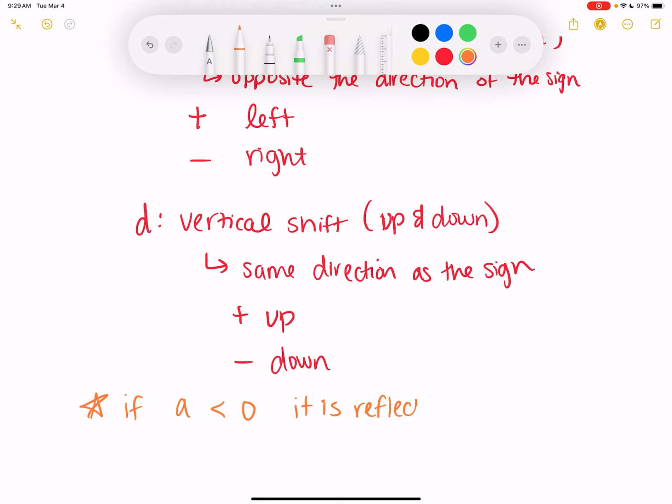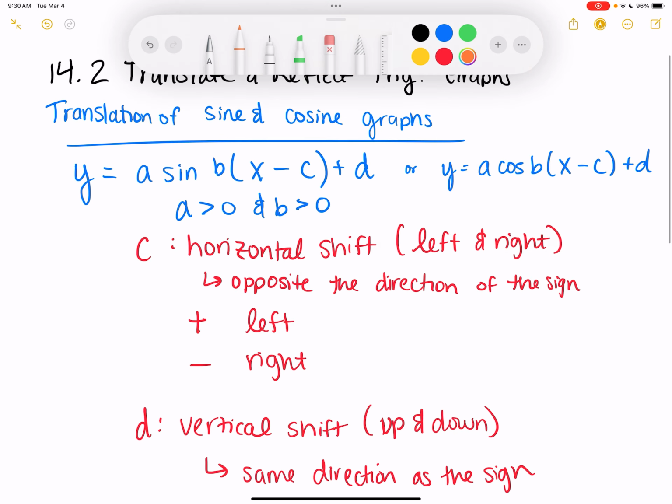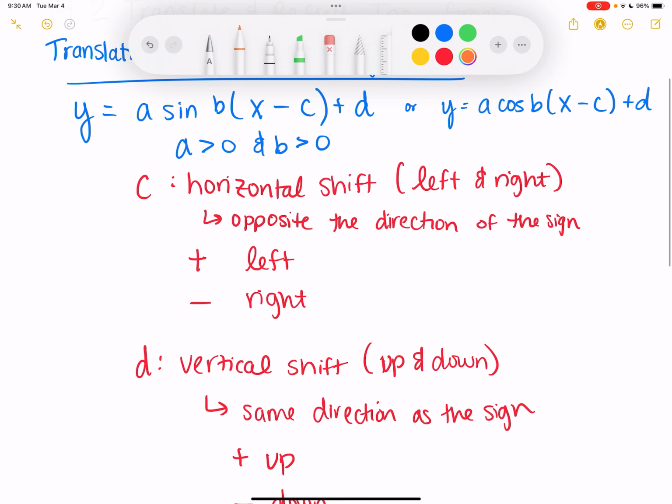So basically that would look like y equals negative A, for example, times the cosine of b times x minus c plus d. I thought we just said that A had to be greater than 0 for the equation to work. Not for it to work for this situation. If A is less than 0, then it is reflected. We just hadn't accounted for that part yet. It's reflected across the x-axis. It'd be flipped upside down.